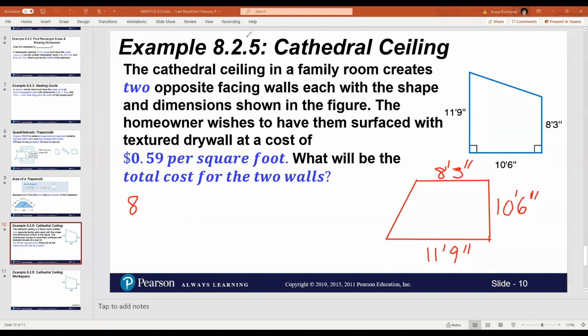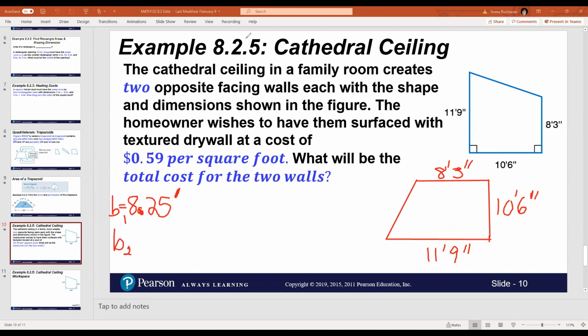So I'm going to call that distance 8.25. I can get away with using the decimal here because these will come out to be even terminating decimals. 8.25 is an exact equivalent of 8 feet 3 inches. I'm not going to introduce any rounding error. So that's my first base.